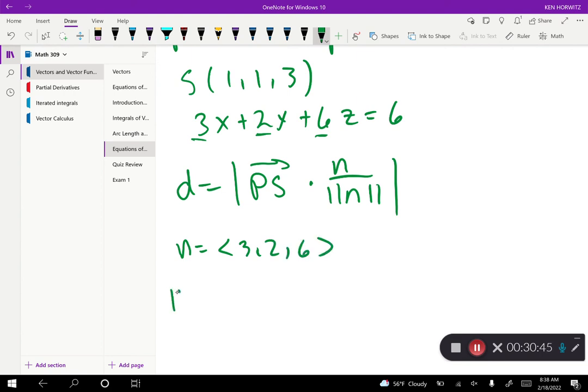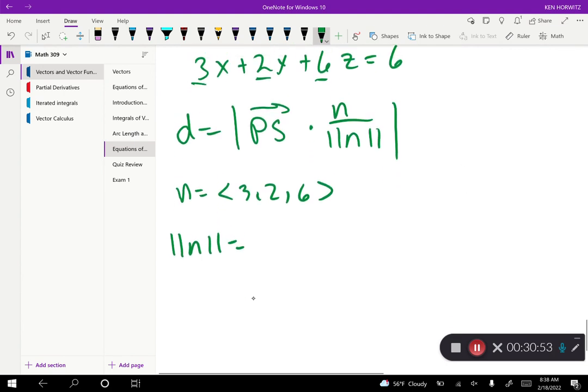And we can also do the magnitude of our normal vector. So I like this because, again, it brings in a prior skill. So under the square root, I'm going to say 3 squared plus 2 squared plus 6 squared, right?